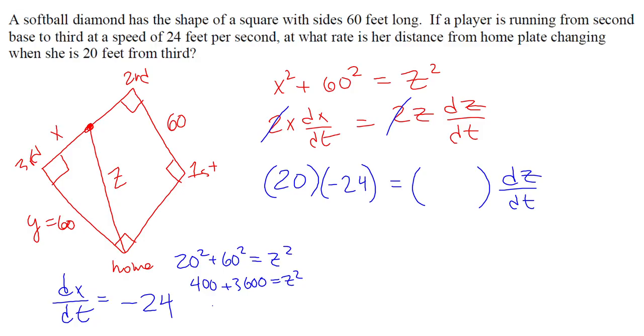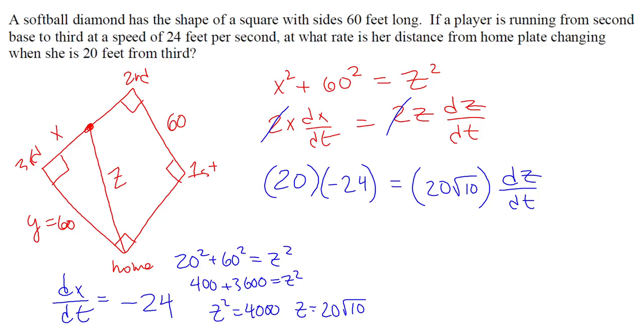That's going to give us z squared is equal to 4,000. z will then be the square root of that. That's going to be 400 times 10 inside the square root, so it'll be 20 root 10. So our z value is 20 root 10.